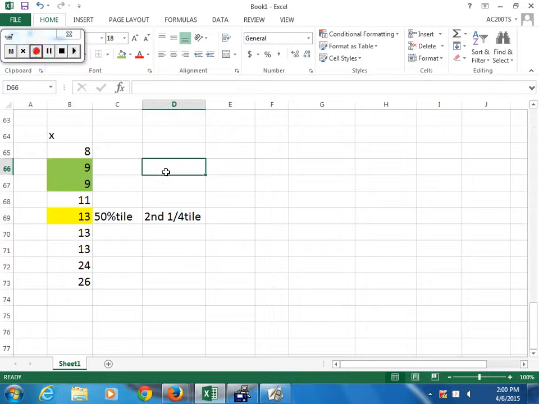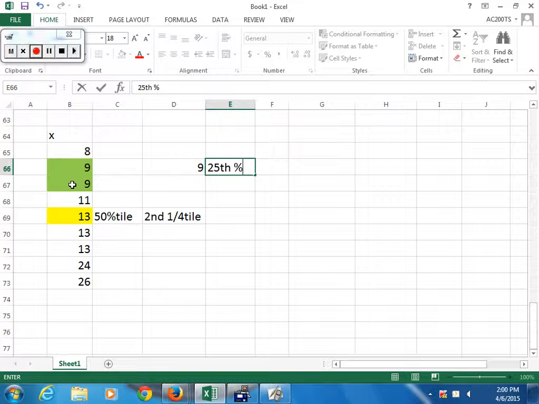So I go out here and say equals parentheses this guy plus this guy divided by 2. And that is our 25th percentile, or our first quartile.